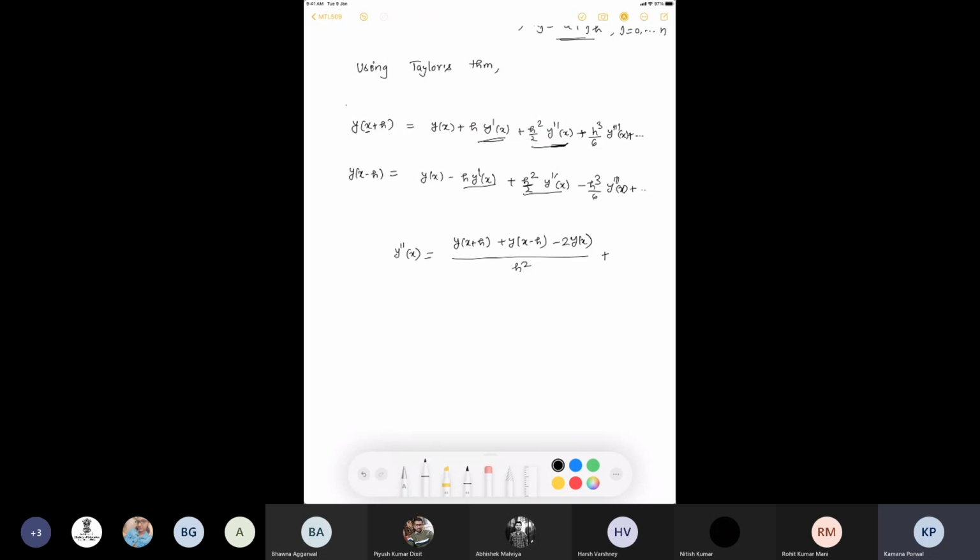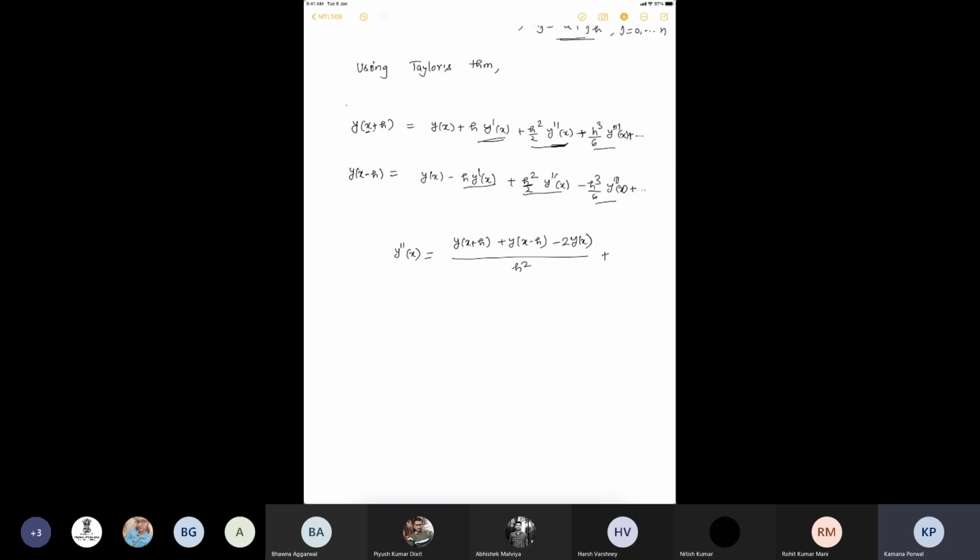And what is going to be the order of the error here? Note that because of this minus sign, the plus and minus alternate, we have the same components but a different sign here, so this term is going to cancel out.